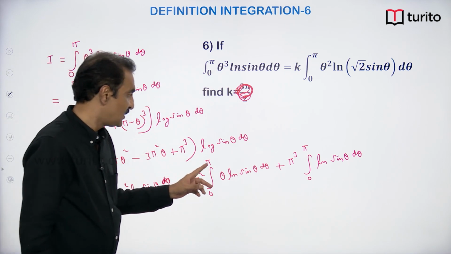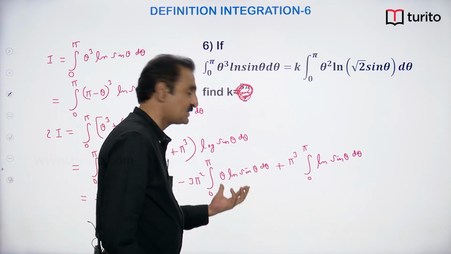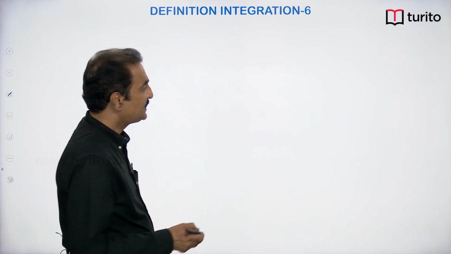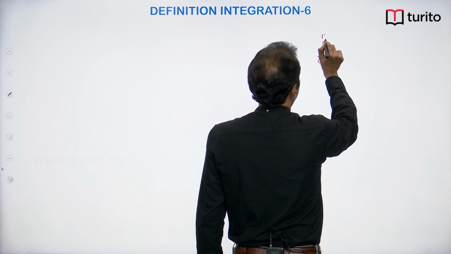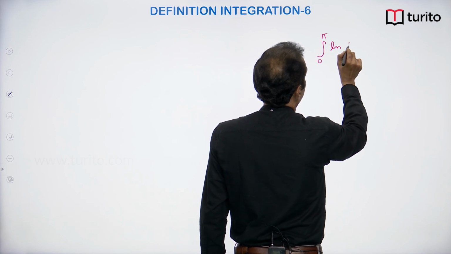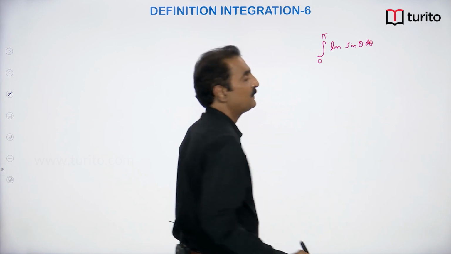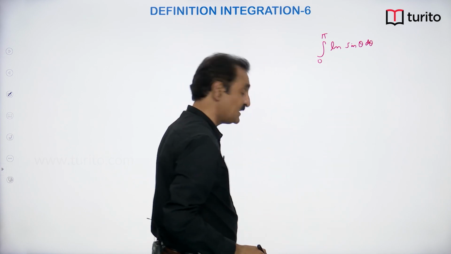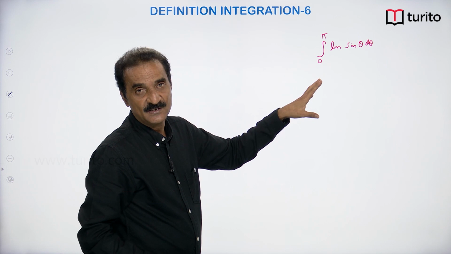Okay. So, I am going to come from last. I will find out this, then this. Let us take integral 0 to pi log sin theta d theta. Replacing theta by pi minus theta, we are getting the same function, log sin pi minus theta is log sin theta.